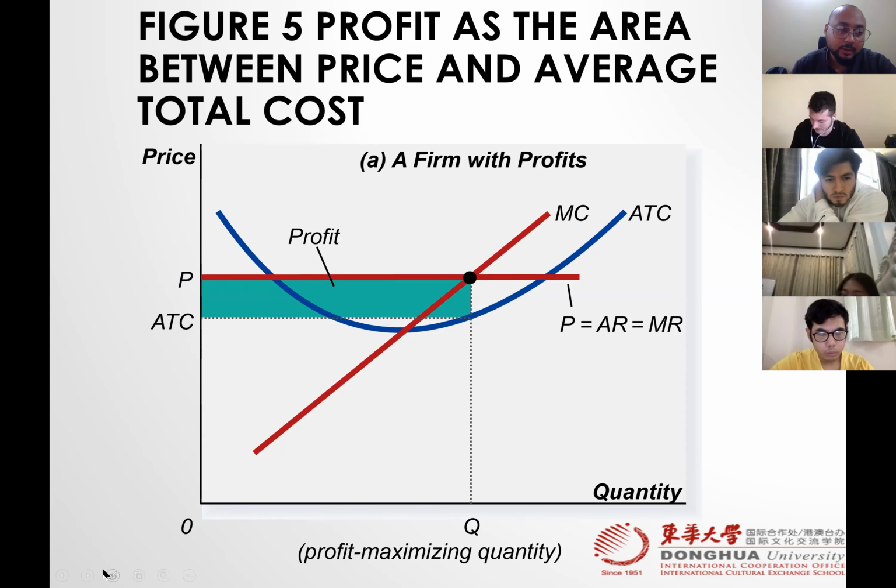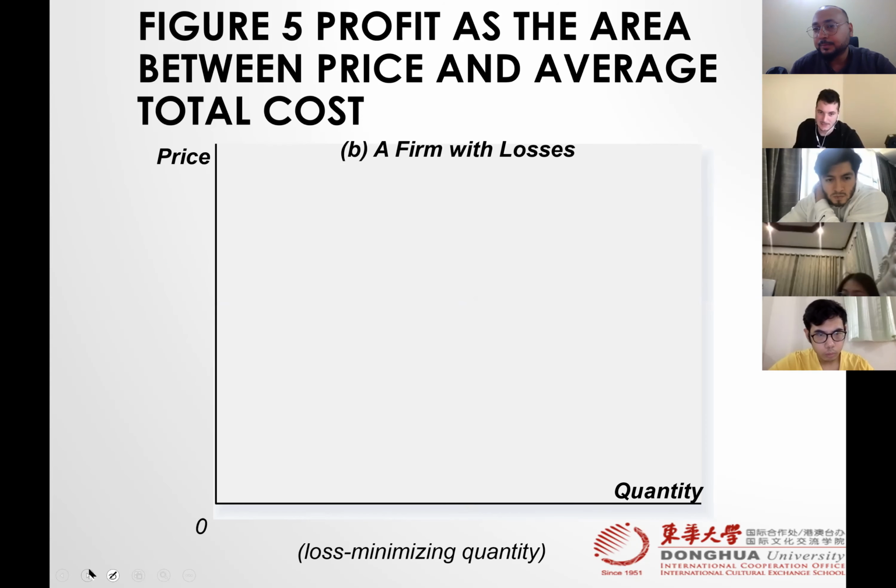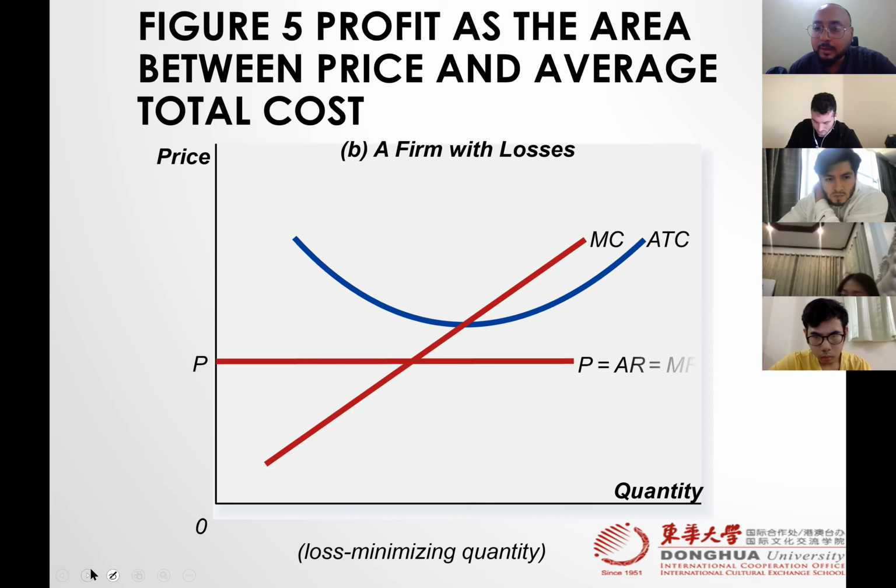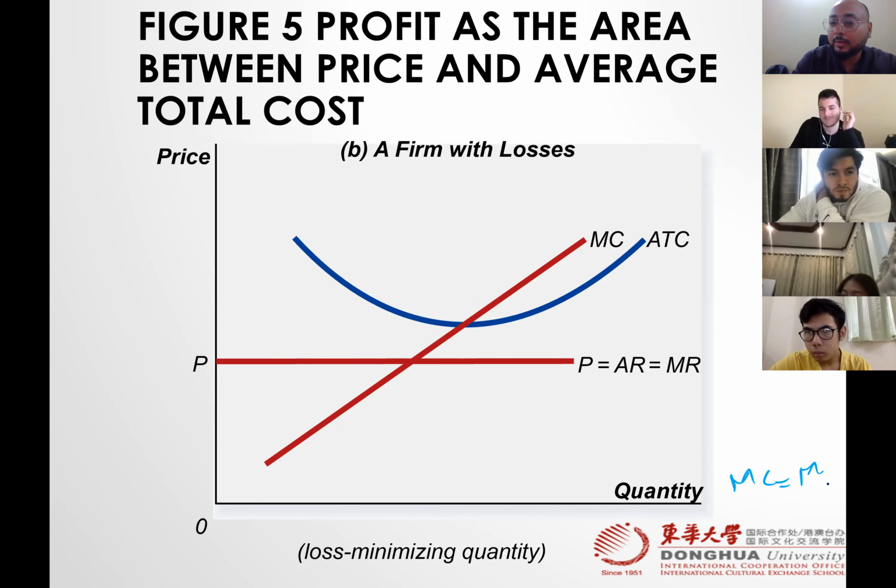What is the loss situation? It is the opposite one. Loss situation is when price is less than average total cost. So here, cost curves and then price revenue curves. So where do we need to produce? Where MC is equal to MR. Where is this point?